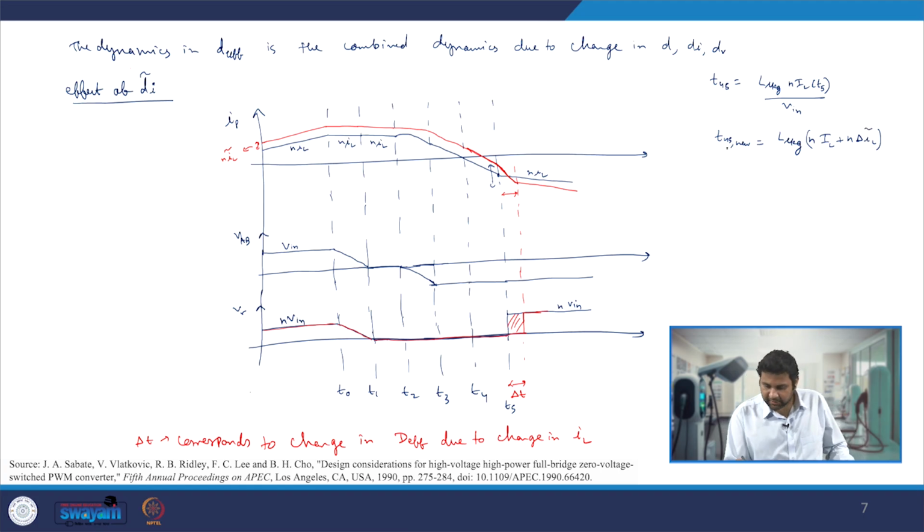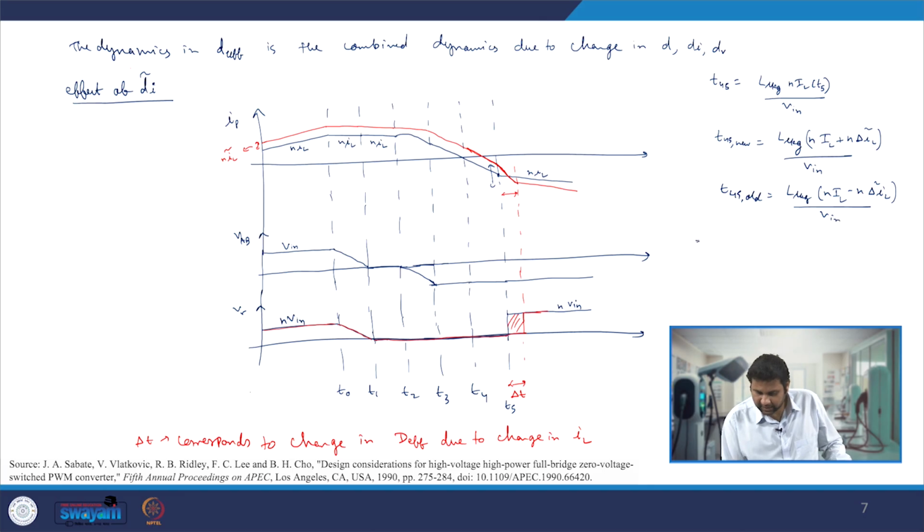And the previous one, if we do from L leakage divided by V in, we can just write L leakage N IL, because from this point to this point we have given the change, so minus N delta IL by V in, and then we can write delta T to be L leakage 2 times N, not delta IL, it is N IL we have written here.